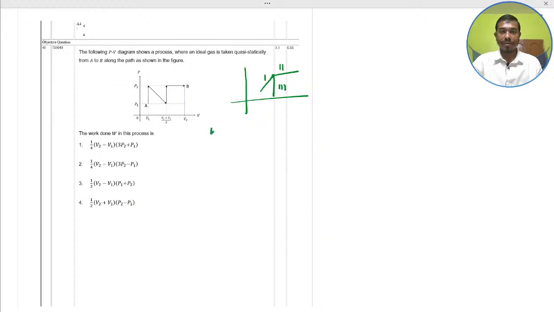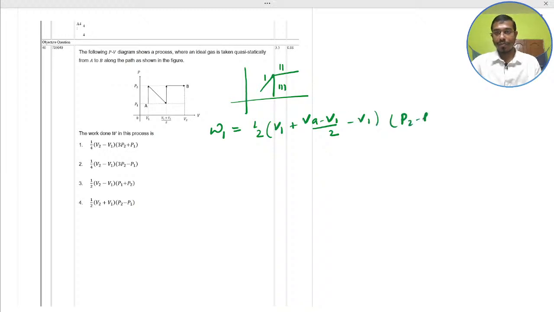So for the first path, work done W1 is half, V1 plus VA minus V1 by 2 minus V1, into P2 minus P1. Calculate. You would get half, a simple calculation, P2 minus P1, into VA minus V1 by 2.